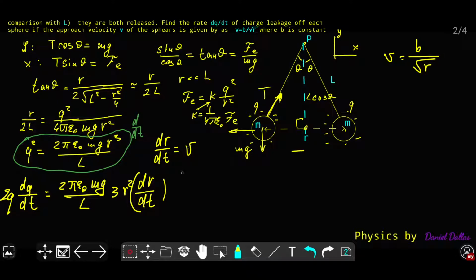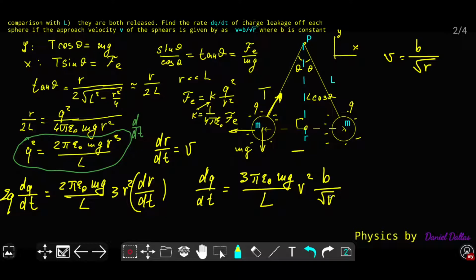So we put this into the formula: dq dt is going to be equal to, 2 will be cancelled, and we'll be left with 3 pi epsilon 0 mg over L, r squared, and here b over the square root of r, as the final formula.